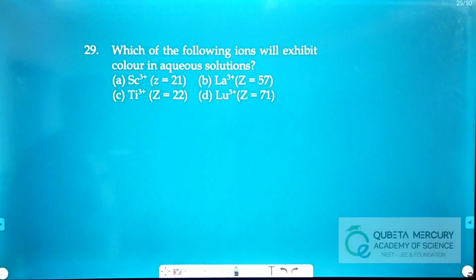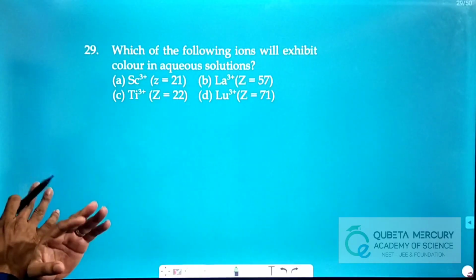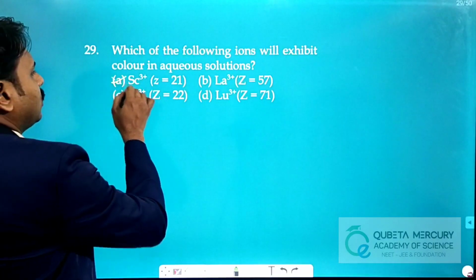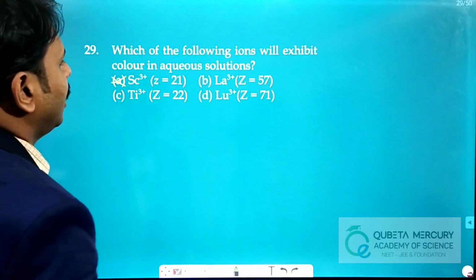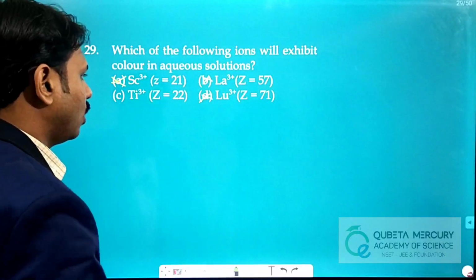Which of the following ions will exhibit color in aqueous solution? For showing color, there must be an unpaired electron. See, in scandium 3+, there is no unpaired electron and there is no electron in its d orbital. Lanthanum 3+ also doesn't have any electron. Lutetium also has no unpaired electron.